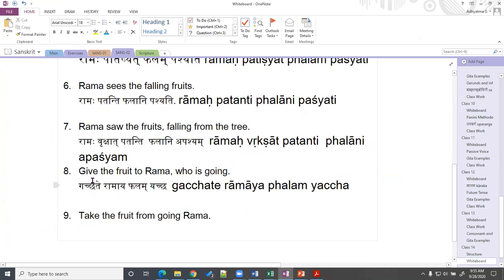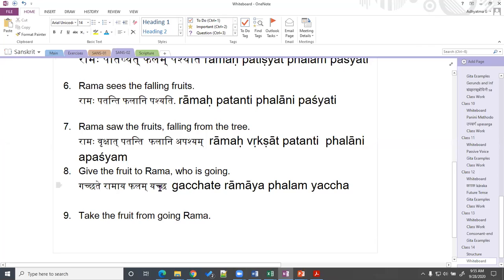Because a participle is used as an adjective, you always have to see which noun it is qualifying and make sure that it matches the gender, case and number of that noun. Now you see, take the fruit from going Rama. So Rama who is going, you take the fruit from him.